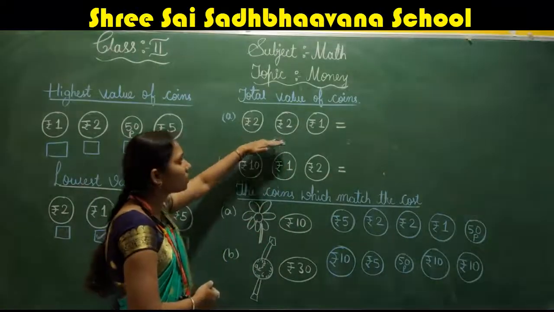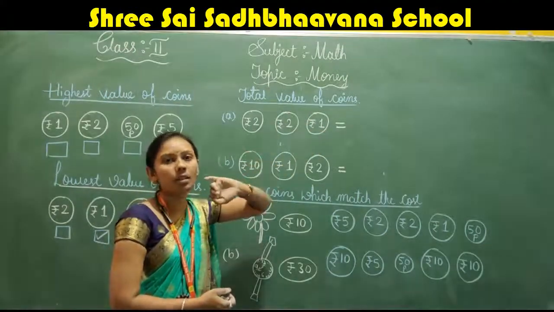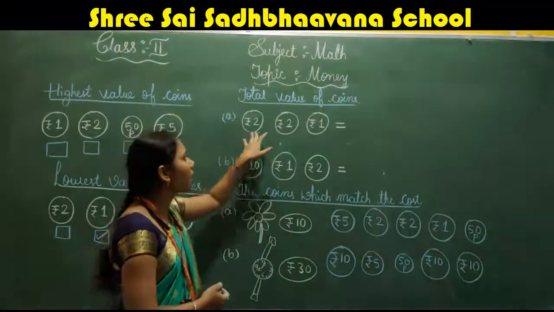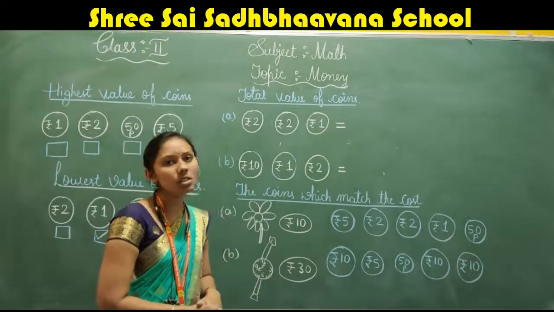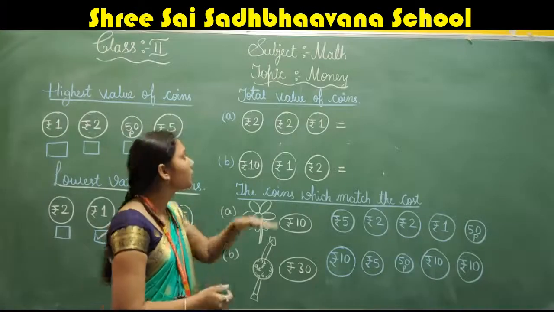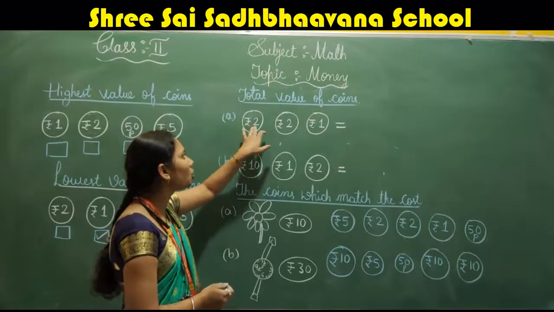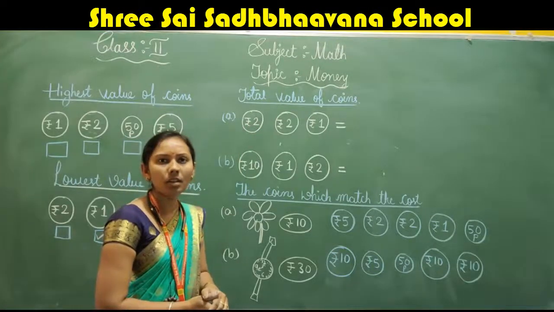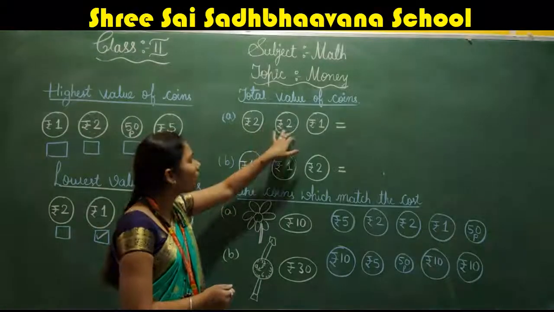Now next we can see that they have given a number of coins. In this we are going to add the number of coins. Let us add the coins and see the answer, how much rupee it is. In the first question we have the coin of 2 rupees. What coin can you see? A 2 rupee coin is there.